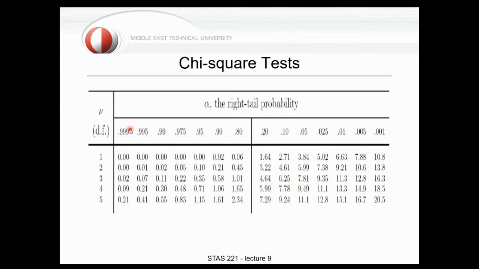So these are the probabilities, degree of freedom, V or DF, doesn't matter. As soon as you fix one row as the degree of freedom, then you find where your test statistic is. It is between these two numbers. So you can say your p-value is between 90% to 95%. So you see, it's very easy to find the p-value like this.